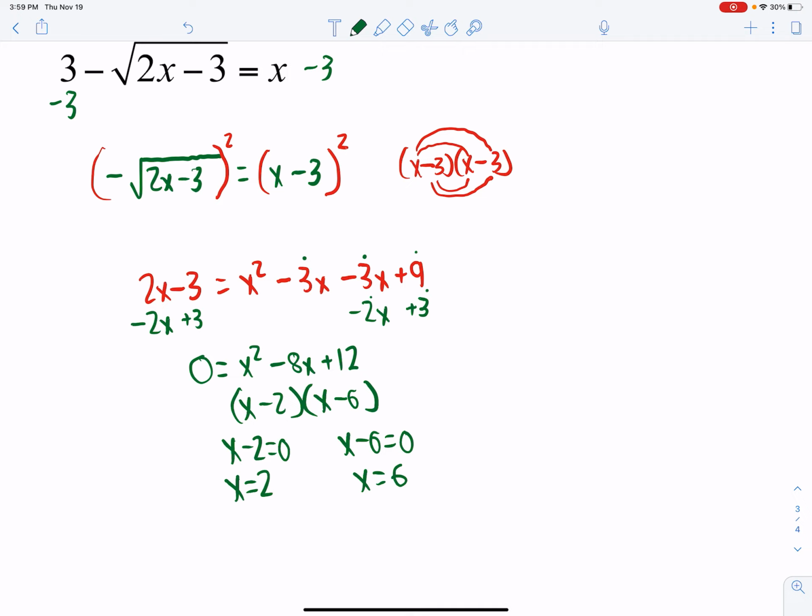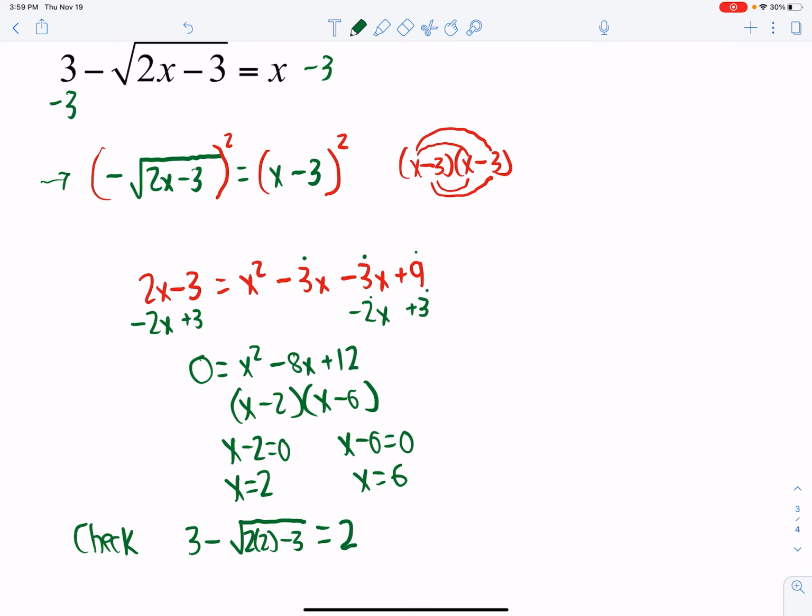Now remember, because we did this step of squaring both sides, we have to check to see if one or both of these is a false answer. So first we're going to put a 2 into the original equation for x. So we have 3 minus square root, and then instead of 2x minus 3, we have 2 times 2 minus 3 equals, and then the right side is just x.